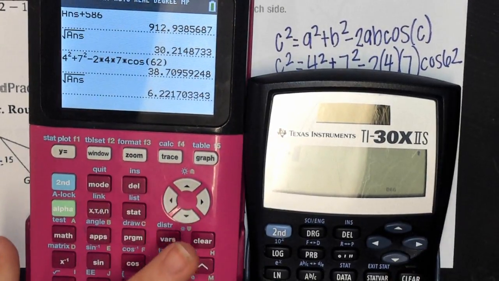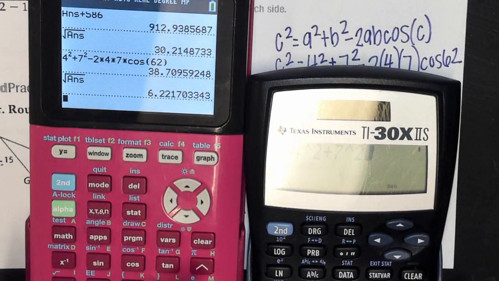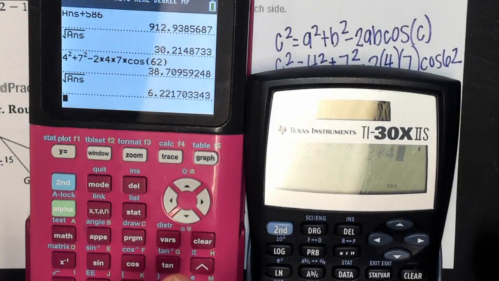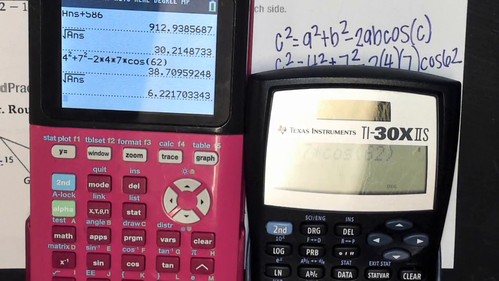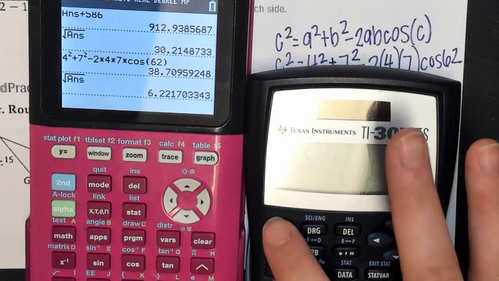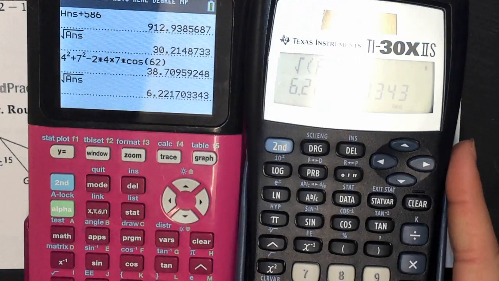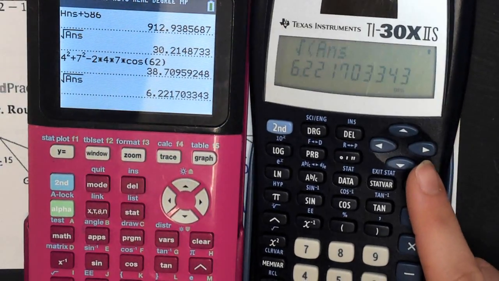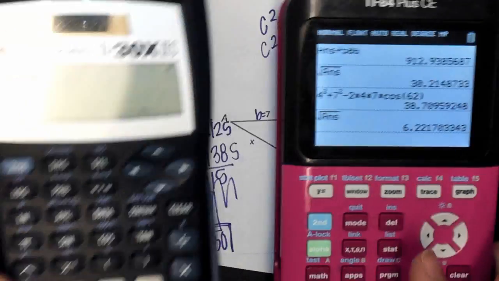Let's see if it would work. 4 squared plus 7 squared minus 2 times 4 times 7 times cosine of 62. Second square root, second answer.